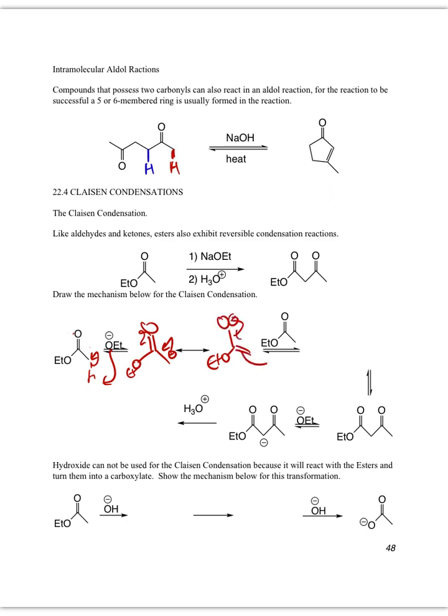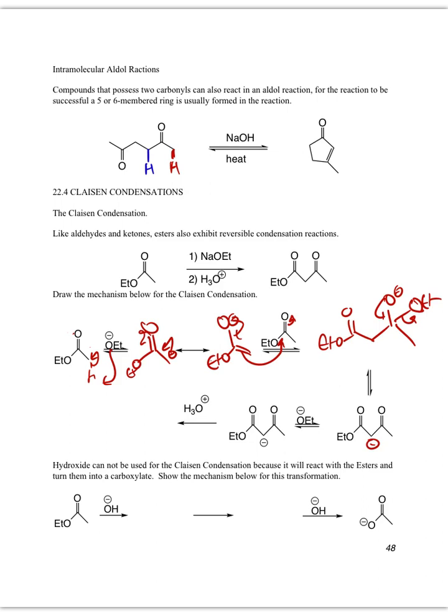The enolate can go add to another equivalent of ester to make something that looks like this with the tetrahedral intermediate, and then that can kick off ethoxide to make the beta keto ester.